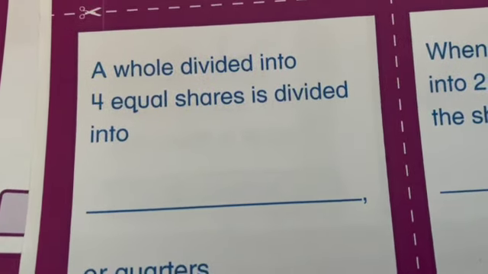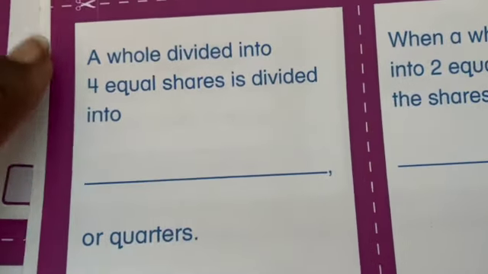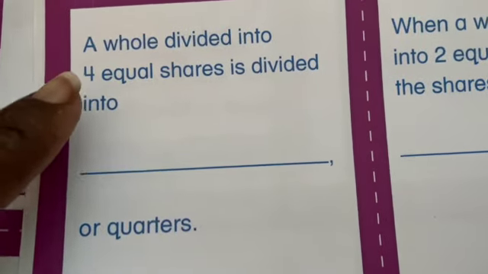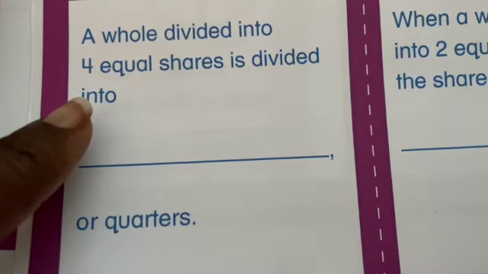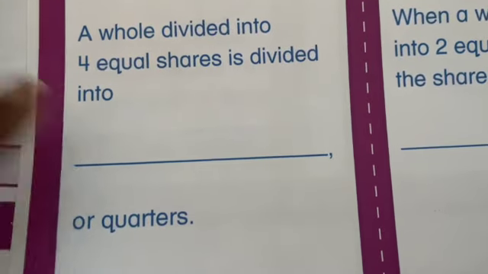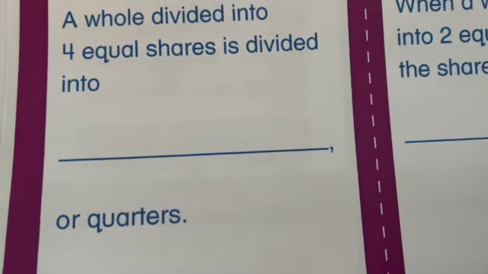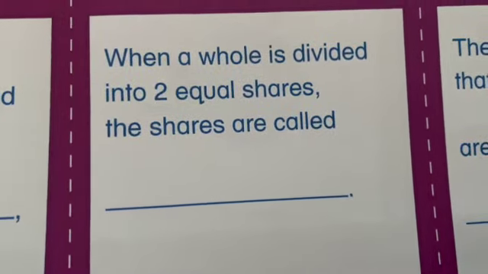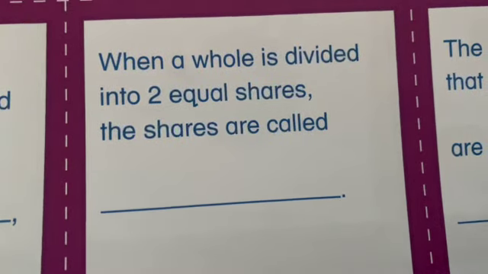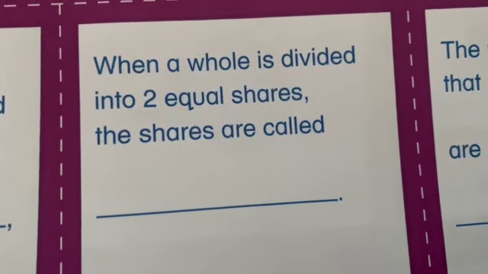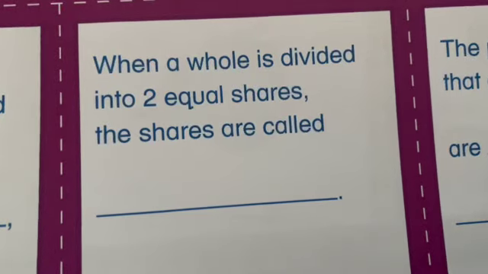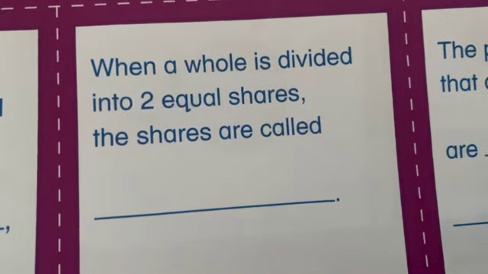Okay, in relation to a word problem, a whole divided into 4 equal shares is divided into fourths or quarters. When a whole is divided into 2 equal shares, the shares are called halves.